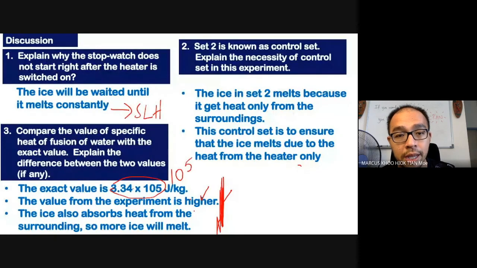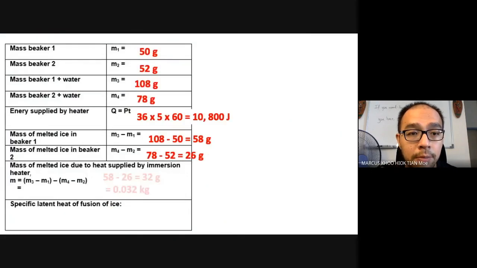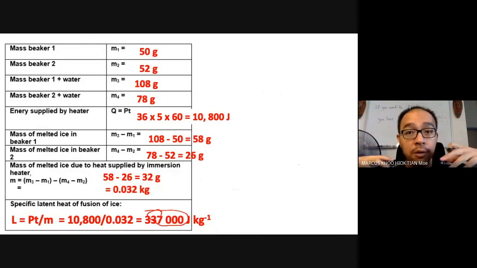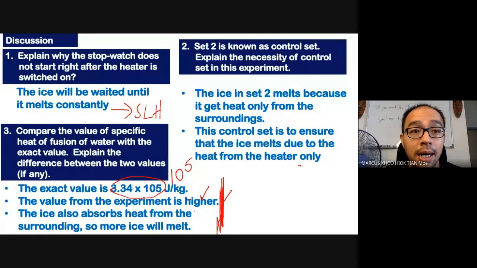The exact value is 3.34. According to this one, what they got was about 3.37, a higher value, because there is some heat that is being absorbed from the surroundings, not just from the heater itself. So that is the first situation which involves the ice.